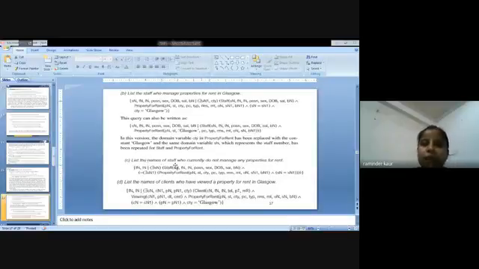Next is list the name of staff who currently do not manage any properties for rent. Do not means negation. Who do not manage any property for rent.